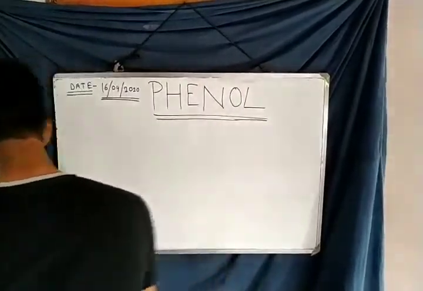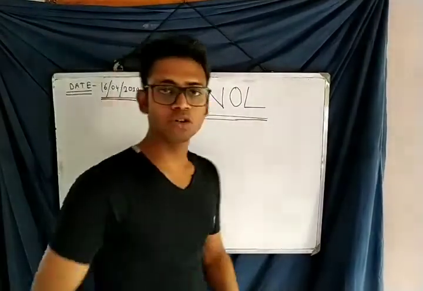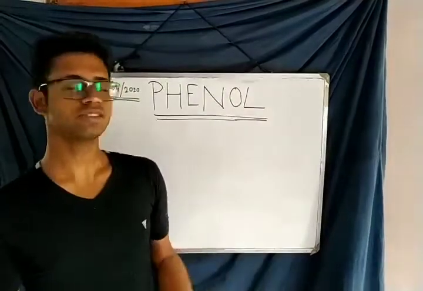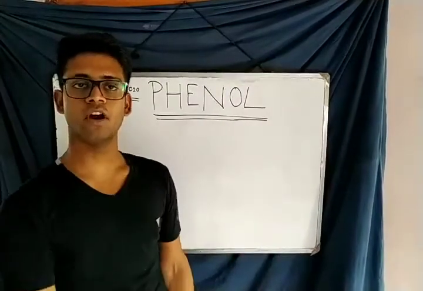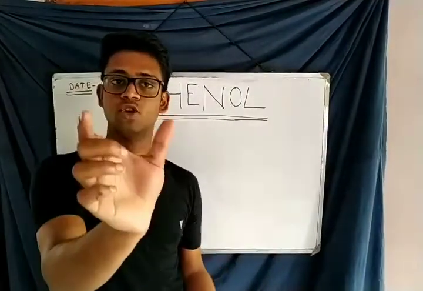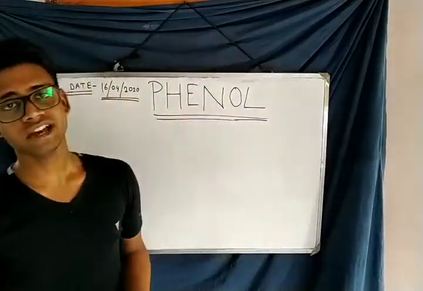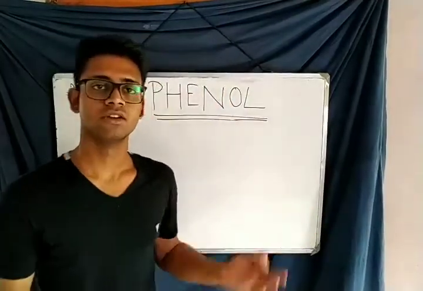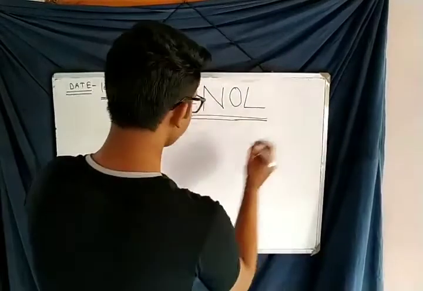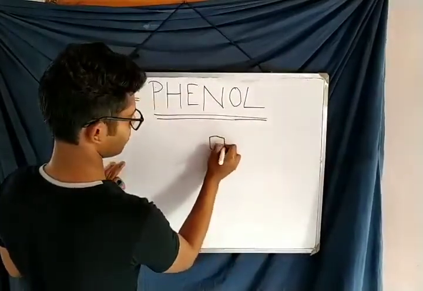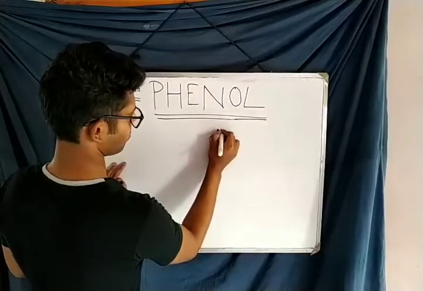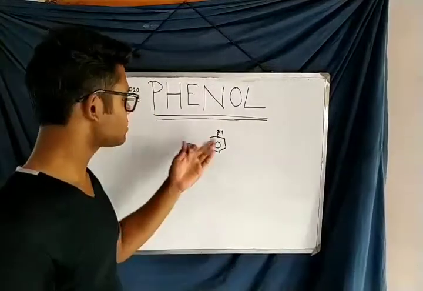In the first case, we are going to study those reactions that occur in the OH group of the phenol, not the ring, only at the functional group of the phenol. The first reaction is with active metals, Na. I am repeating this reaction.